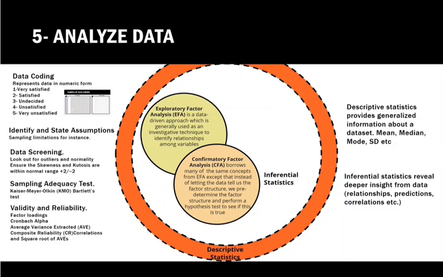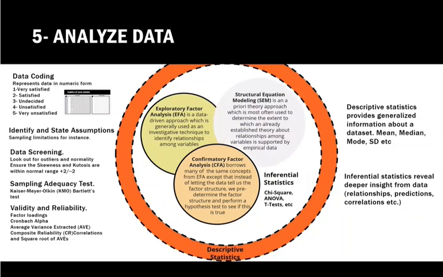In confirmatory factor analysis, there's something we call structural equation modeling, which is more like an approach to confirmatory factor analysis, which looks at determining the extent to which an already established theory about relationship among variables is supported by empirical data. So structural equation modeling, as far as I'm concerned, is just a type of confirmatory factor analysis.